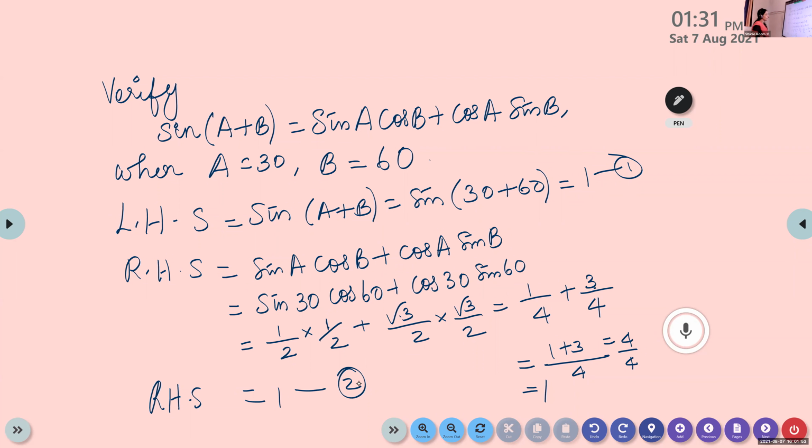From 1 and 2, LHS is equal to RHS. Hence, verified.